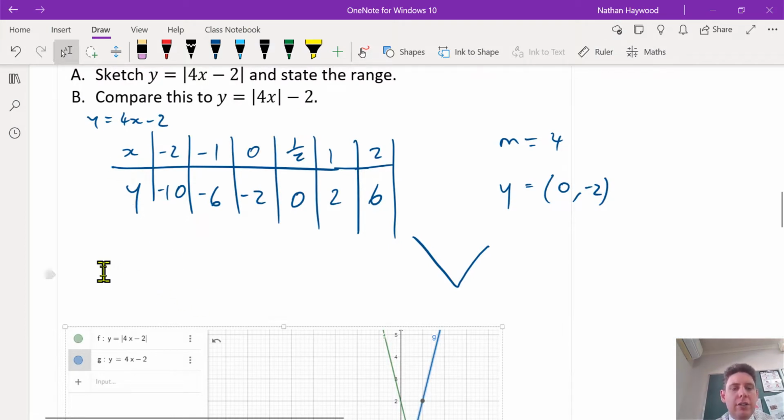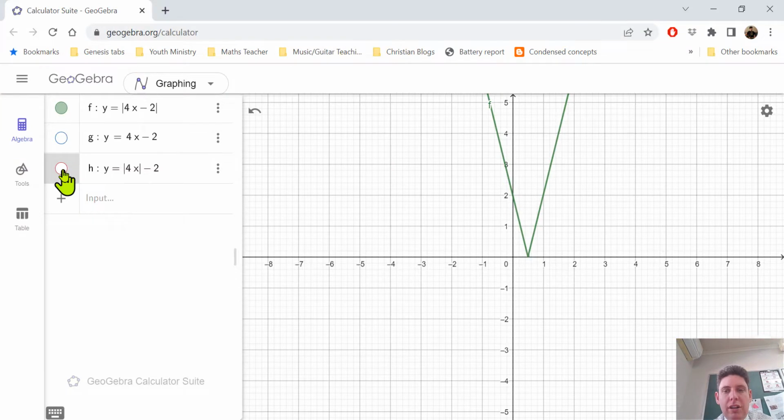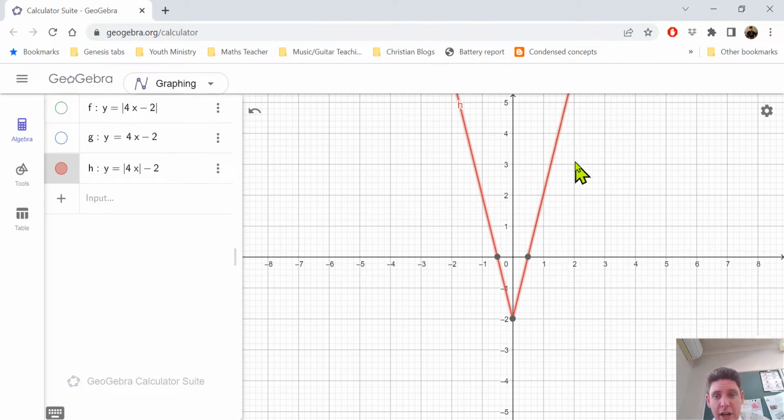Alright, let's now do our comparison. How are they different? How are they the same? So anything outside the absolute doesn't get affected by the absolute, right? So it's bringing that point of reflection down. If we don't put the take 2 inside, it's bringing it down.